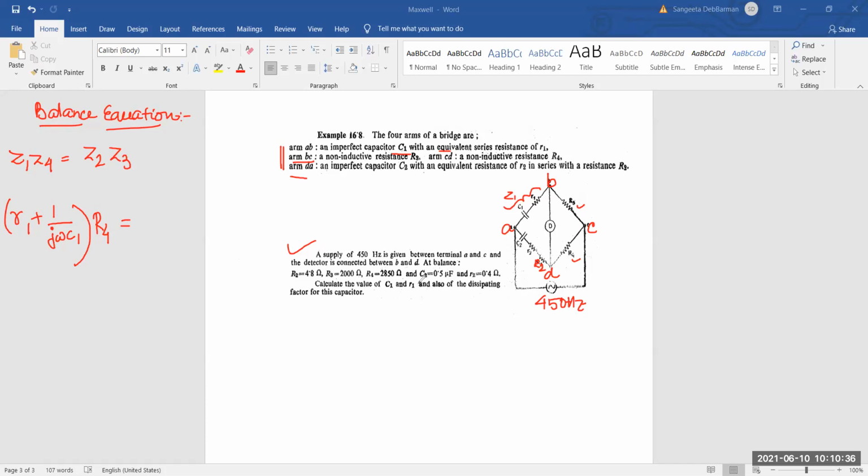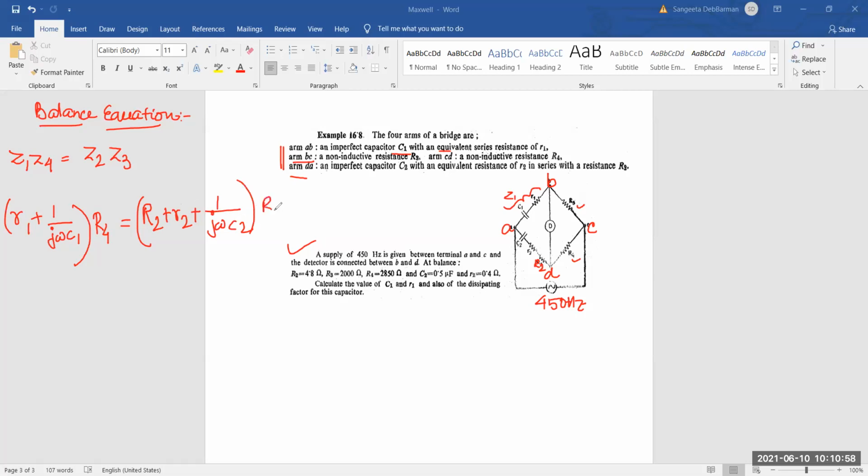Capital R2 plus small r2 plus 1 by j omega C2. Very good. Okay, thank you so much.